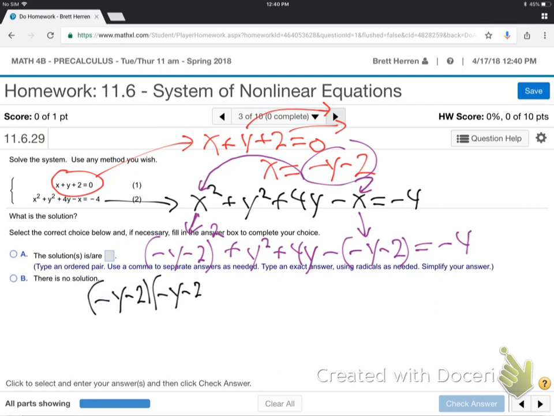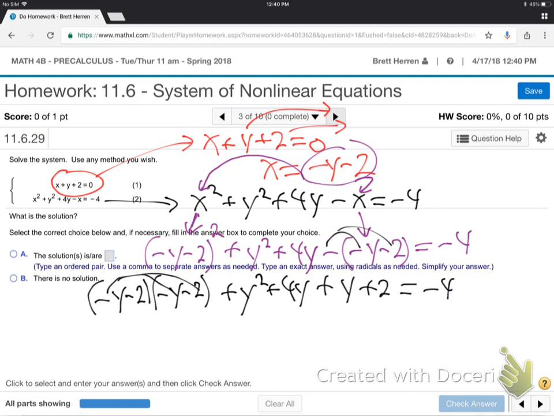You got to write two of these, don't you? And this minus has got to distribute. So then this guy, you get y squared plus 2y plus 2y plus 4.